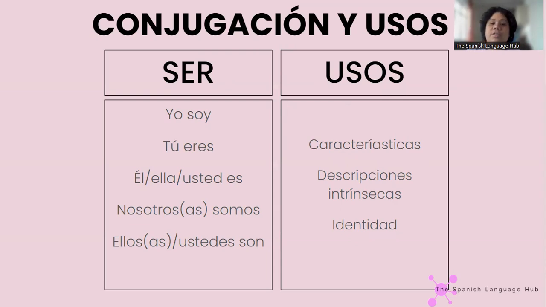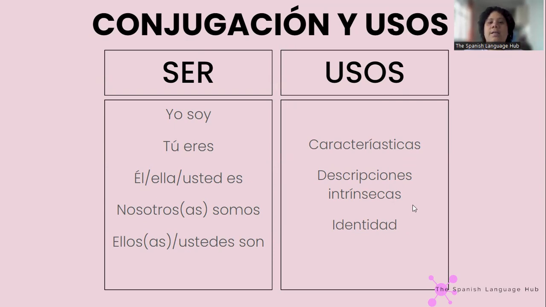Personality is also characteristics. Intrinsic descriptions, everything that defines us, or identidad, everything that identifies us, or pretty much what you use to describe yourself, or others, or a place, an animal, things like that.